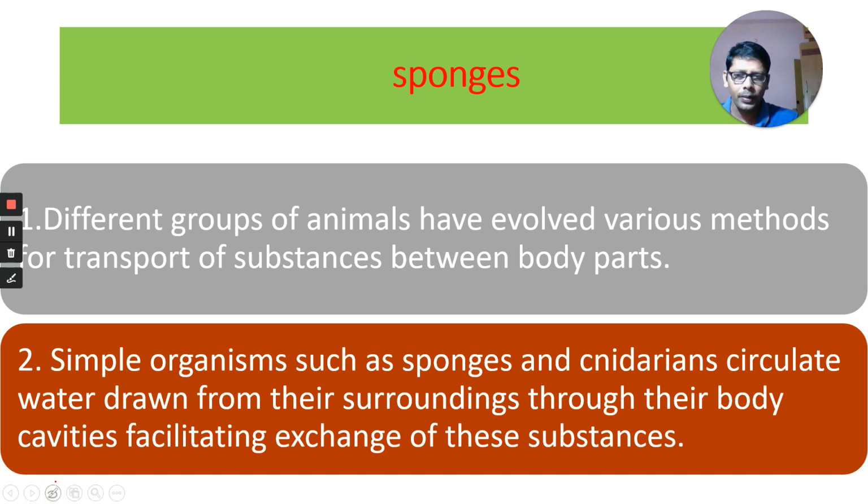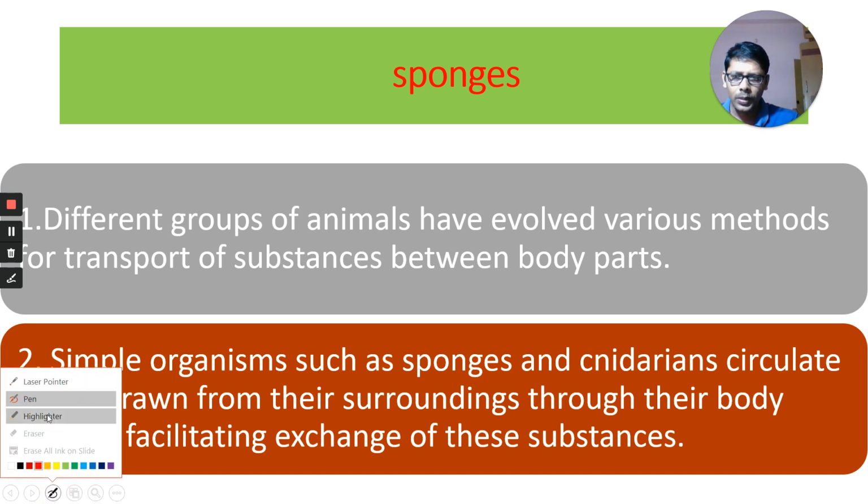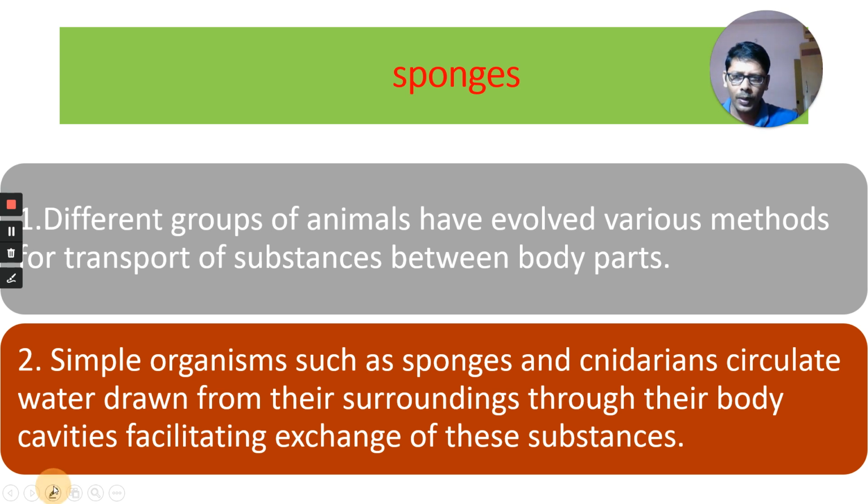They have developed different methods of transport. Simple organisms such as sponges and cnidarians circulate water drawn from their surroundings through their body cavities, facilitating exchange of these substances.